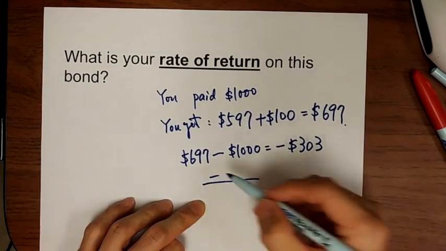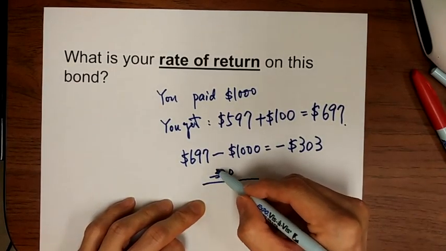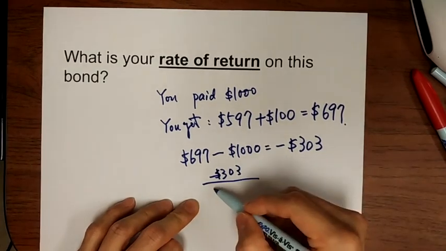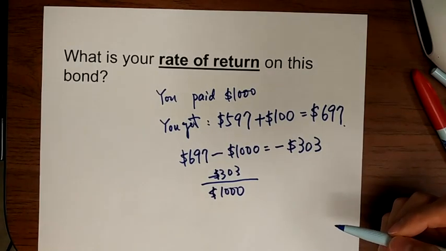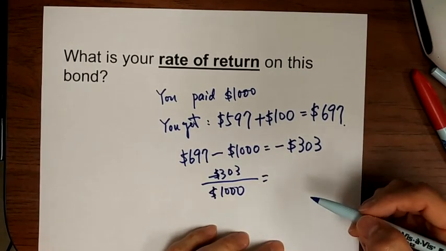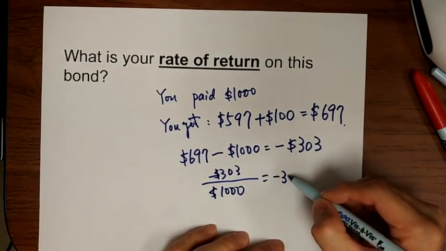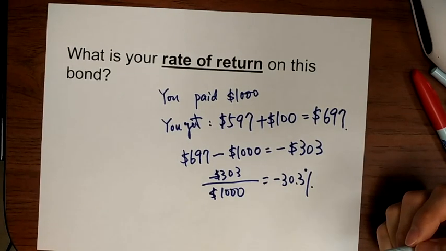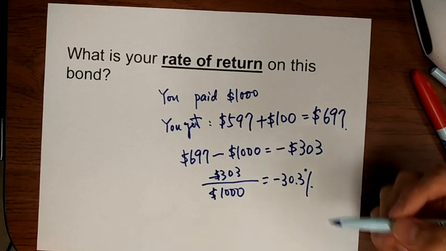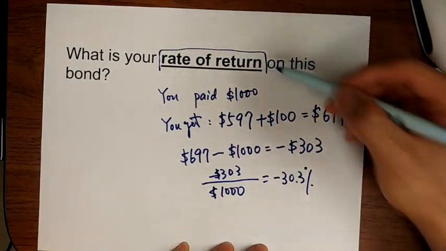You lose $303 out of your $1,000 investment. Therefore, your rate of return is negative 30.3%. That is the answer to this question.